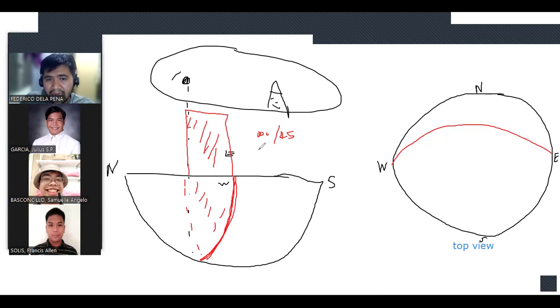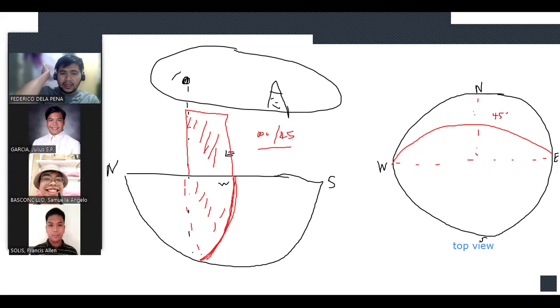The intersection of that discontinuity relative to this bowl would be plunging towards north, and it's going to be somewhere halfway between the equator and the tip of the circle, because it's 45 degrees.